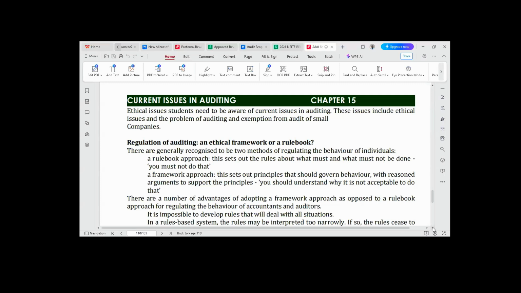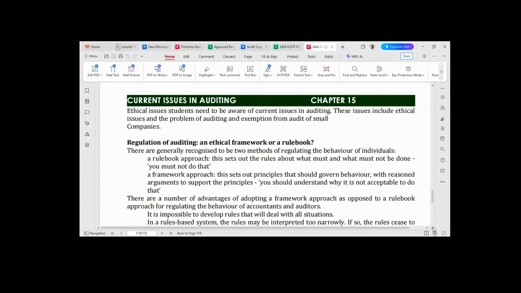An ethical framework sets out principles that should govern behavior, or reasoned argument to support the principles. So when you talk about ethical framework, you are looking at those fundamental principles that have been put in place to regulate or to guide how the auditor comports themselves.